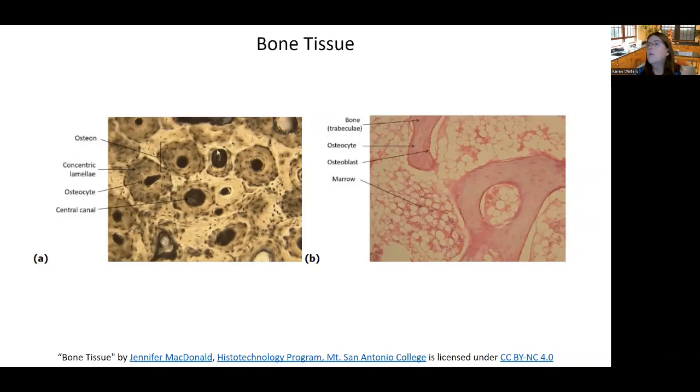But remember, the spongy bone has a little bit different structure where you have these trabeculae that come into the bone, but there's a lot more open space, which is full of red marrow. And this is actually where all of your blood cells are made.